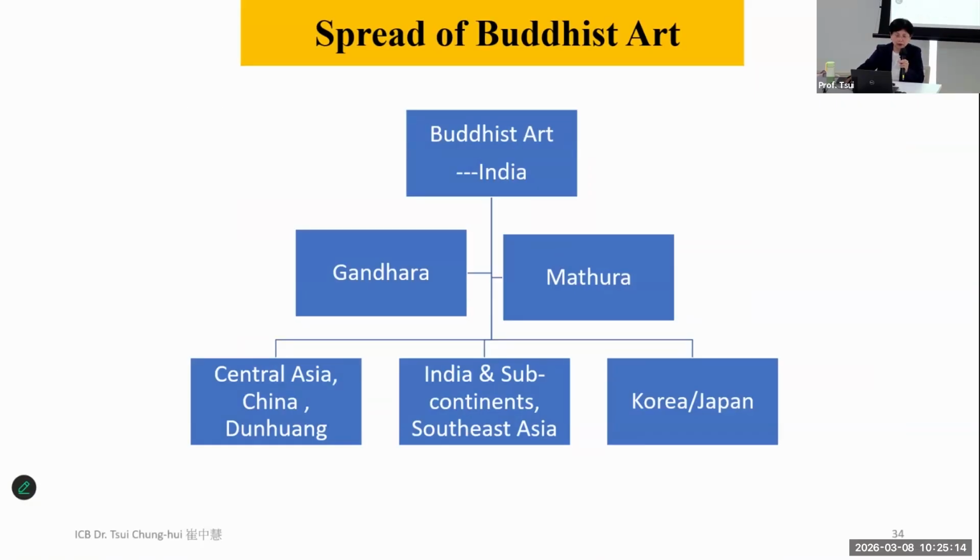So from the Indian tradition, following the development of Buddhist art, 2 main Buddhist art schools were established, the Gandharan school and the Mathura school. The Gandharan school and the Mathura school were later disseminated into different regions in China, in Southeast Asian countries and also in East Asian countries.